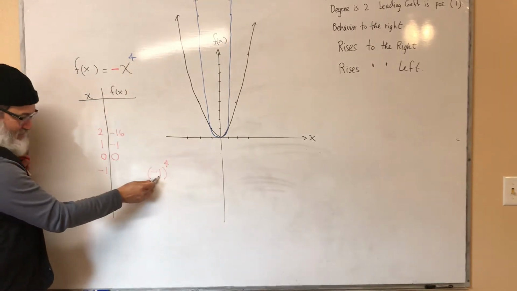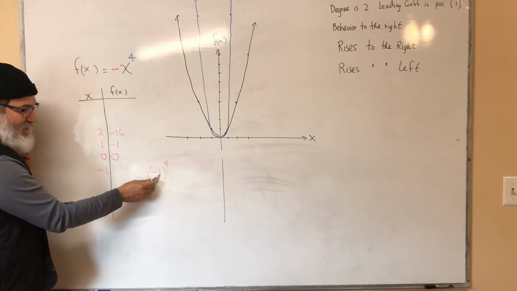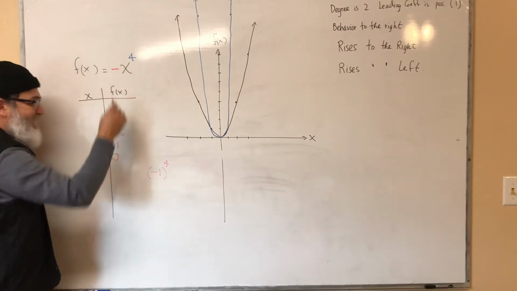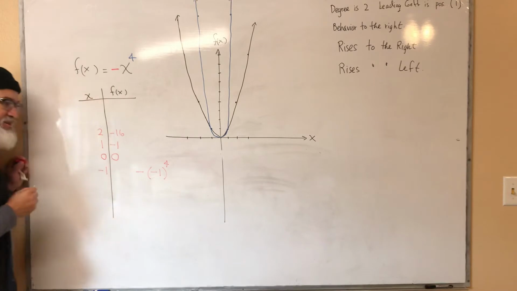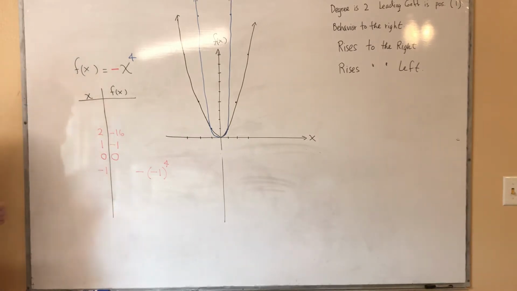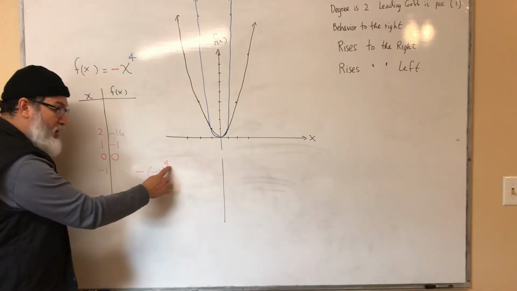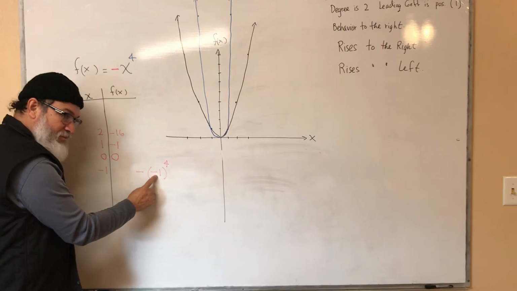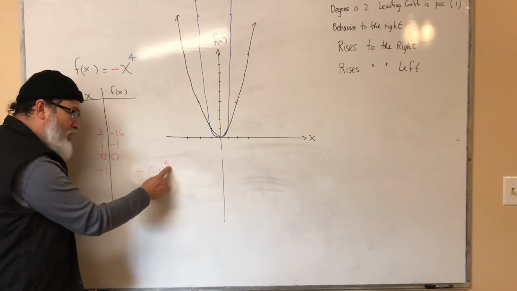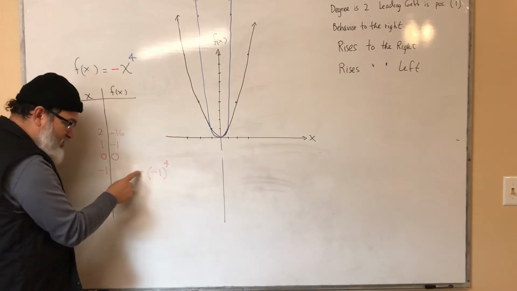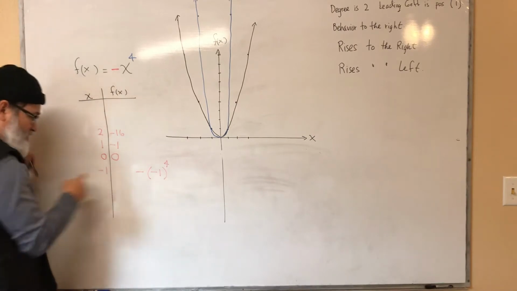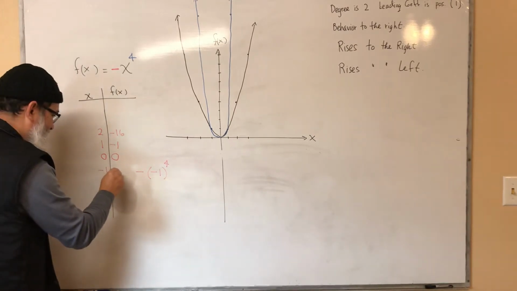Okay, this is the value x, and that's raised to the fourth power, but there's a negative in front. Look, negative in front. So what's raised to the fourth power? This negative 1. And what's negative 1 to the fourth power? 1. But then there's this negative in front. So this is negative 1.